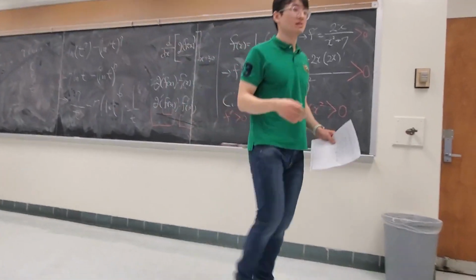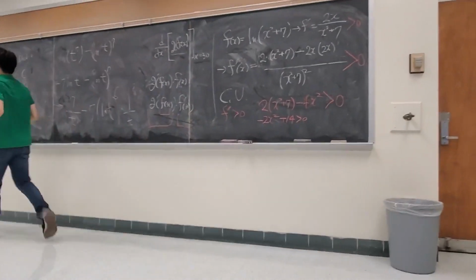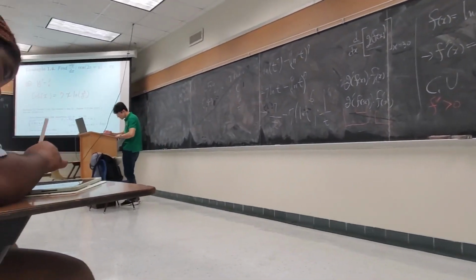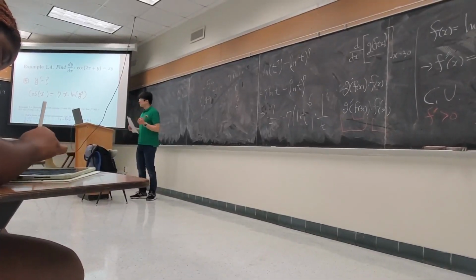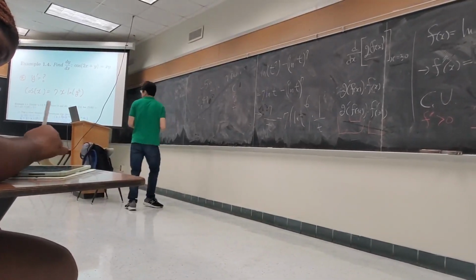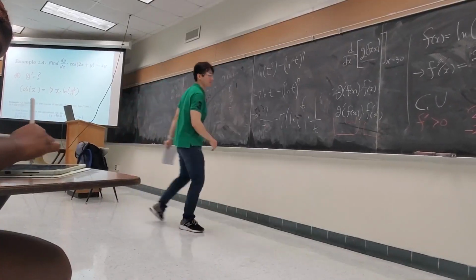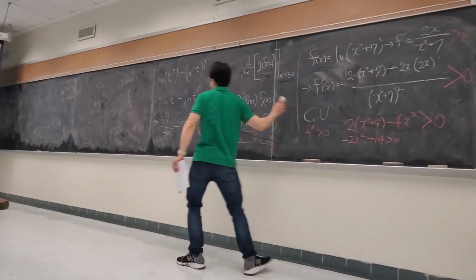So number 3, we'll have an implicit derivative. Something like this.